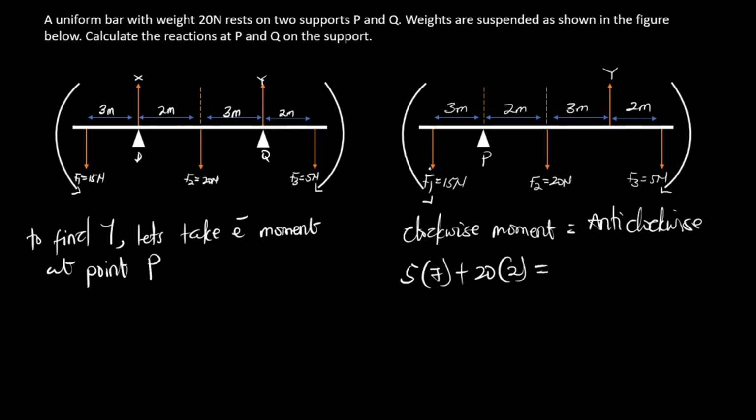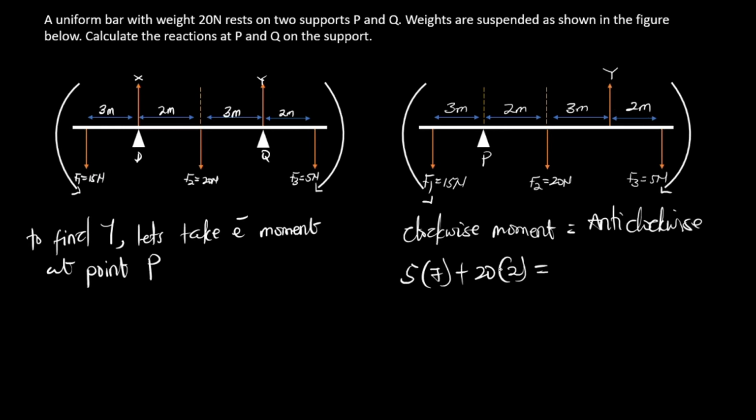Now if we look at this force over here, the distance is not between this force and the pivot, it is this way, so it doesn't constitute any clockwise moment. And if we go to the top, the Y multiplied by these two also constitutes a clockwise moment, but because the distance is not between the pivot and this force but between the force and the end, we neglect that.